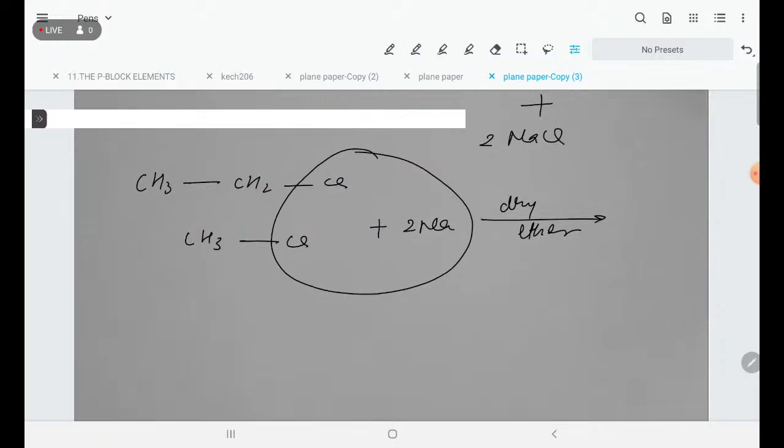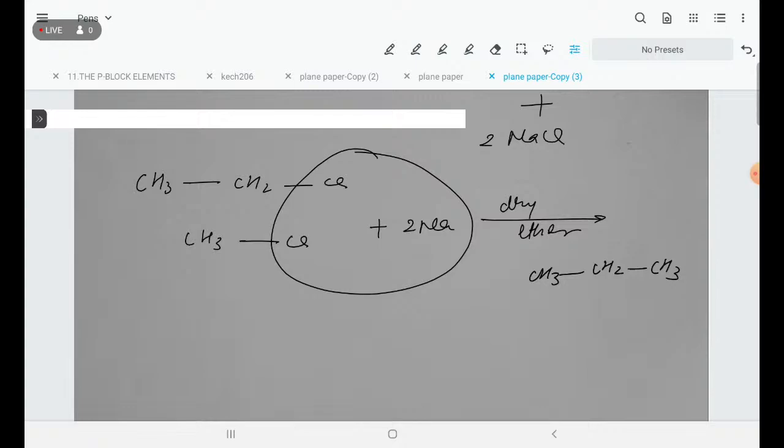Now you can see this is one possibility. So see the product, CH3CH2CH3. Now student, another point is also there, which is the important one. In the medium we are having all the three reagents.